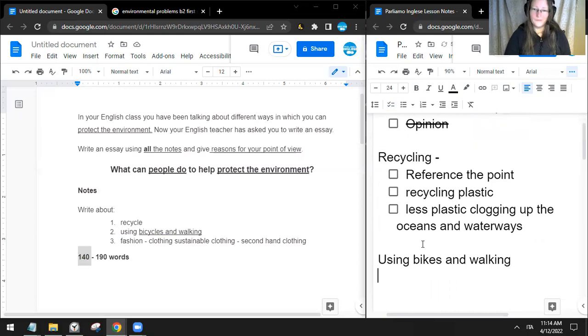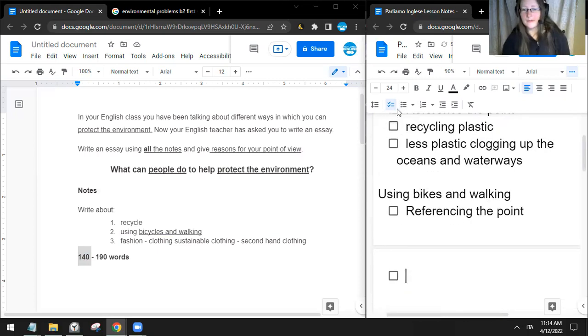So the first sentence again is just going to be referencing the point. The second sentence is going to be about giving some sort of example. Maybe in this case, we could use a statistic about something.